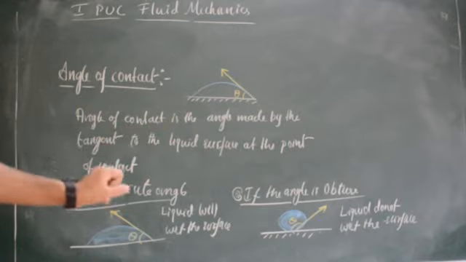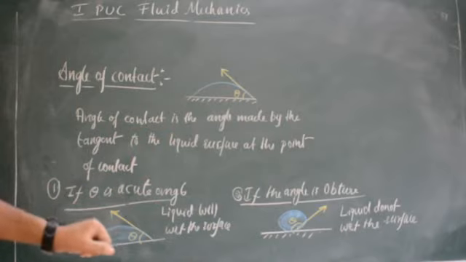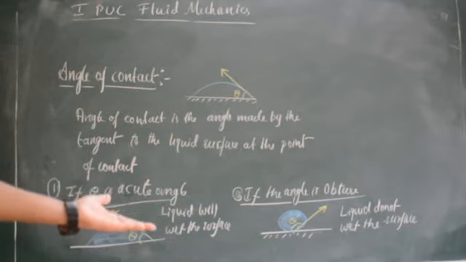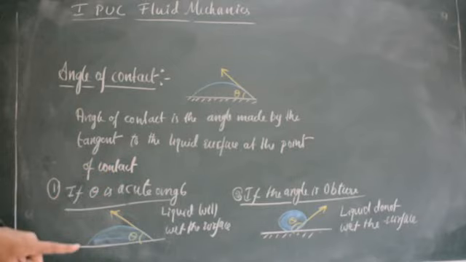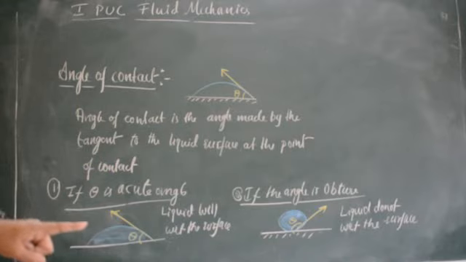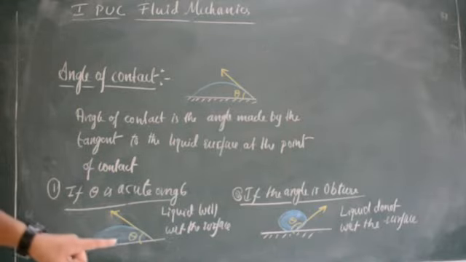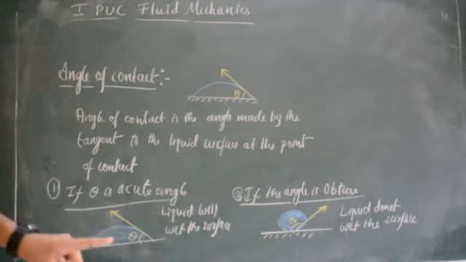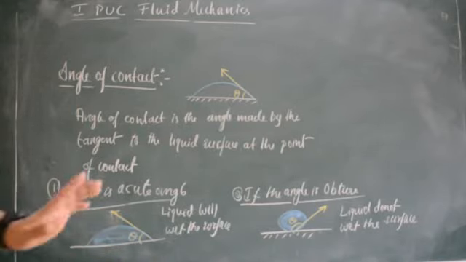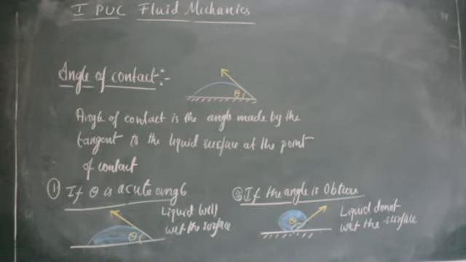It's a measurement of angle. Microscopically we have to discuss, like in different questions it can be explained. Then there are two conditions. So the first condition is, if theta is an acute angle, what happens? Of course the tangent drawn here will be less than 90 degrees. So the liquid will wet the surface.